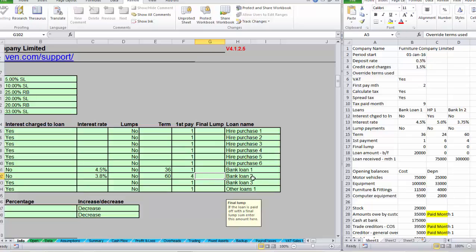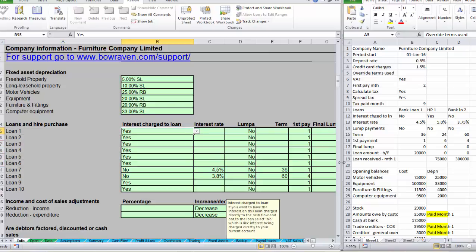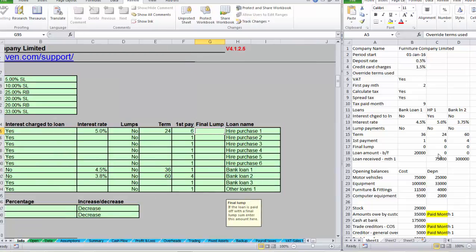No lump payments, and it's bank loan 2. Then I've also got a hire purchase one, which is hire purchase 1. Interest charge to loan is yes. Interest rate is 5%. No lumps. Term is 24 months. First payment is month 6. No lump payments, and then the amounts. These amounts are put in the data screen, and I'll come to those in a minute.